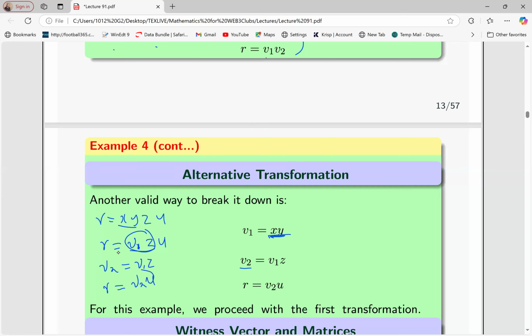So you can see now, my final R is a product of V2 and U. There's only one multiplication here. That is our target every time we are doing this. Every time we are doing this, you have to ensure that whatever the output you have, on the right side, we only have one multiplication.